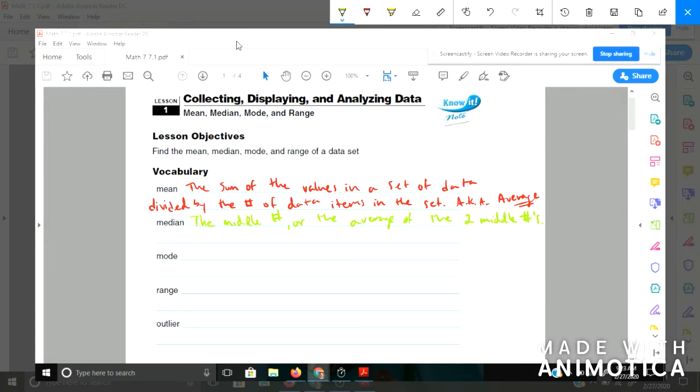So you have to find the average of those two middle numbers in an ordered set of data. So make sure that's important when you're finding the median, you order your set of data from least to greatest. I'll write that reminder in, least to greatest.